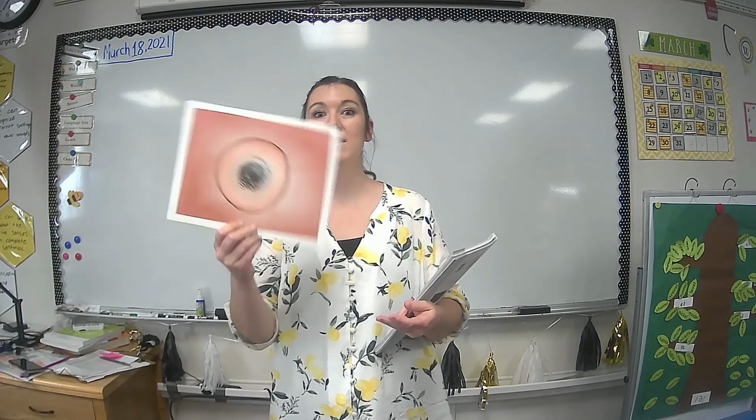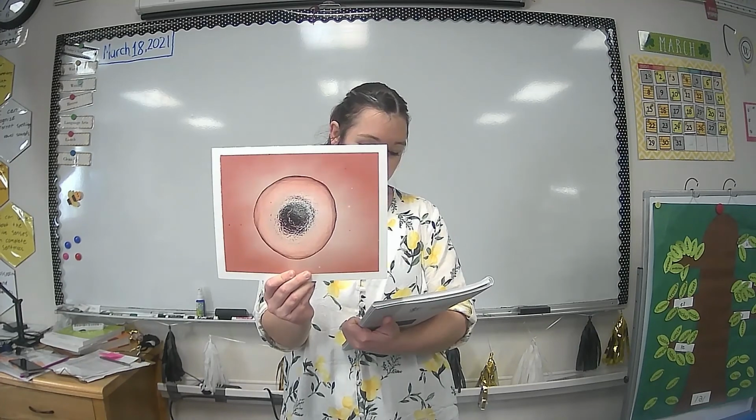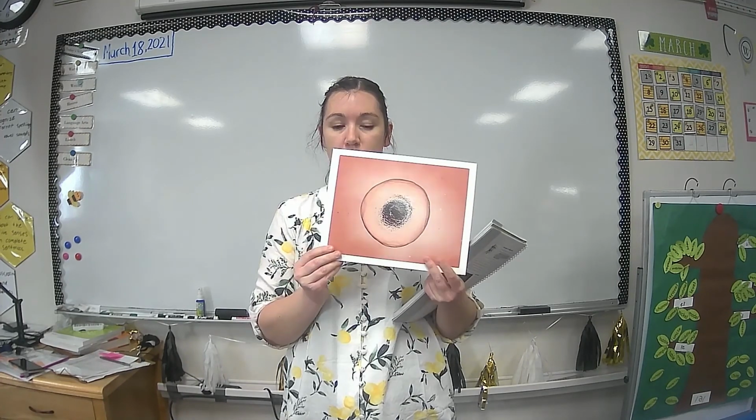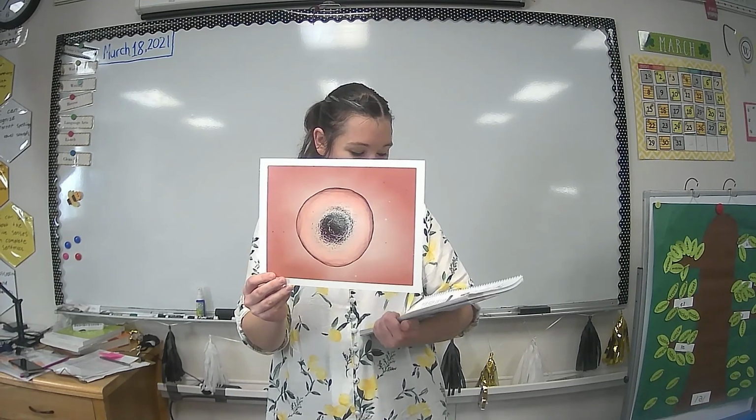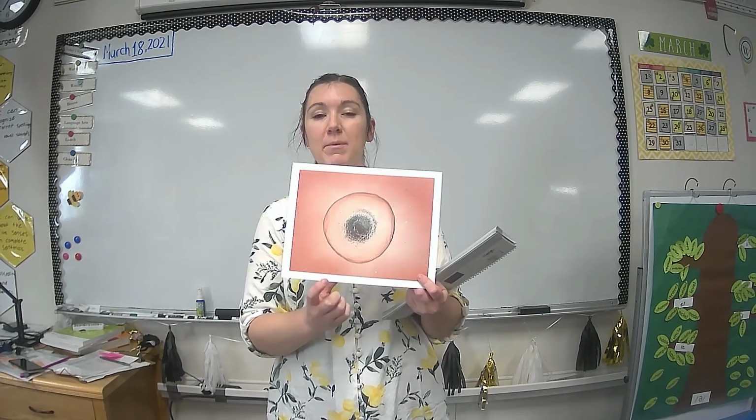The smallest microscopic building block of all living things is the cell. What is it called when a group of these microscopic cells that all have the same job get together? They form tissue. So tissue is made up of cells.